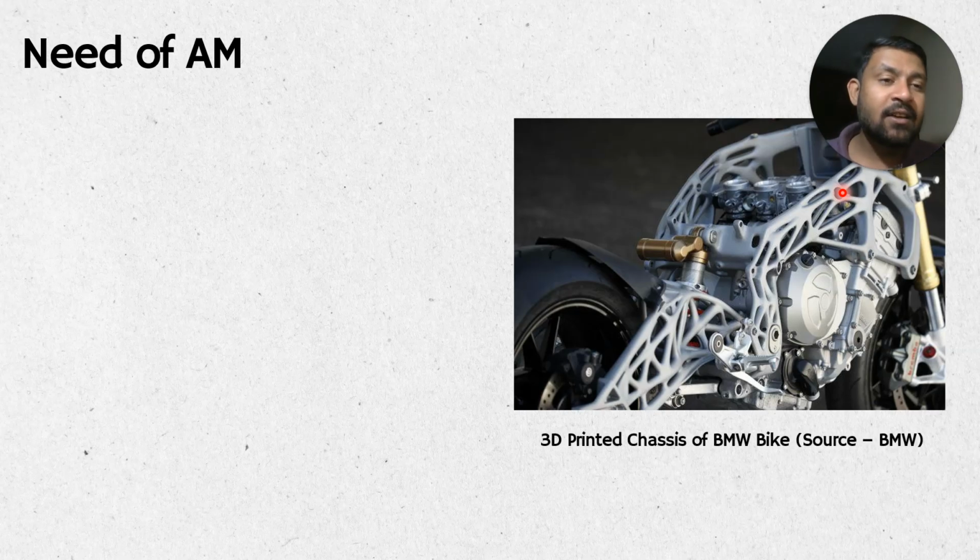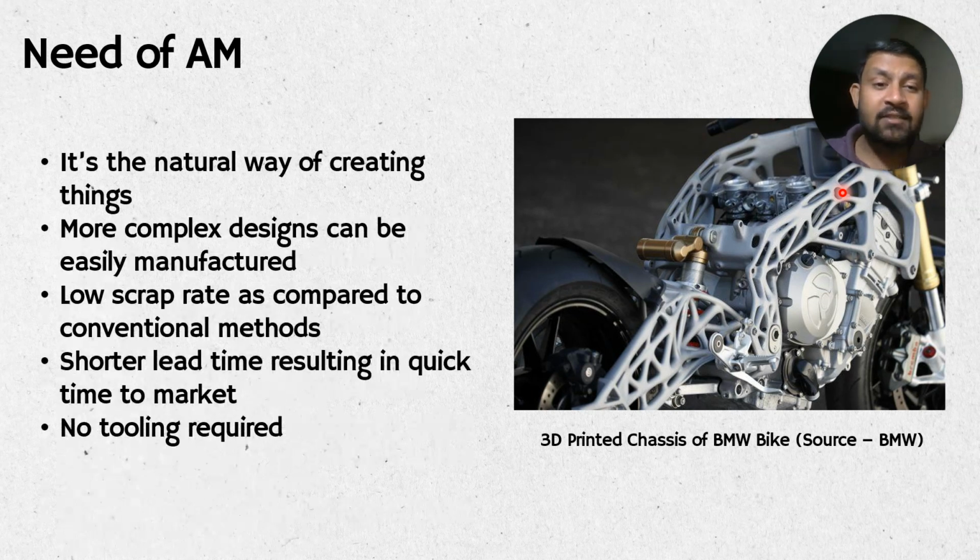And in this case, they tried producing a 3D printed chassis because they wanted to reduce the weight of the chassis. If you go and explore further, you'll find that around 40 to 50% of the weight of the chassis was decreased using a unique design technique called topology optimization. That is why this is looking like that.